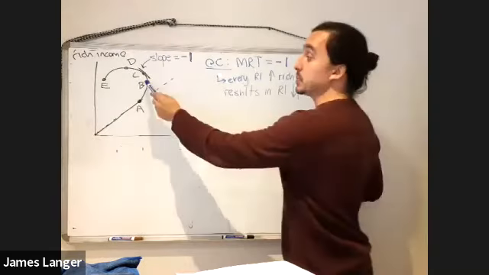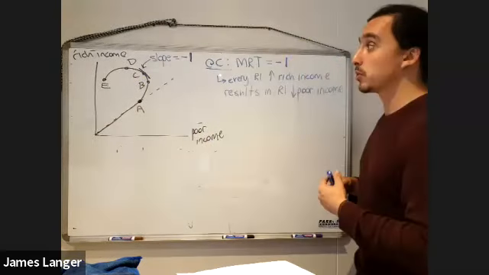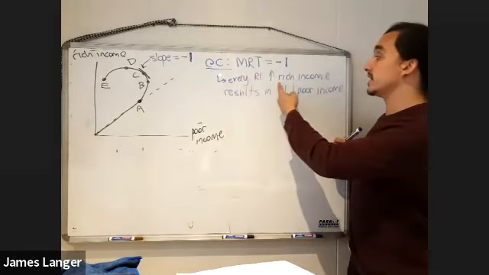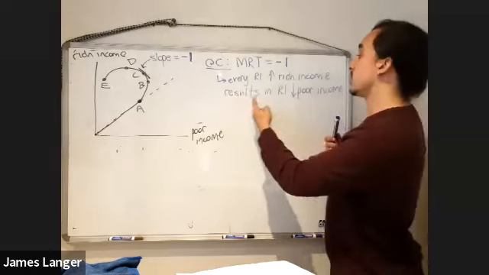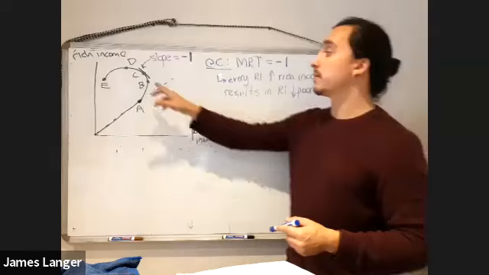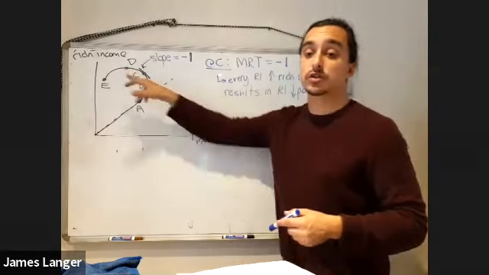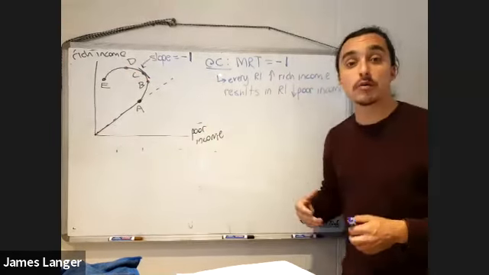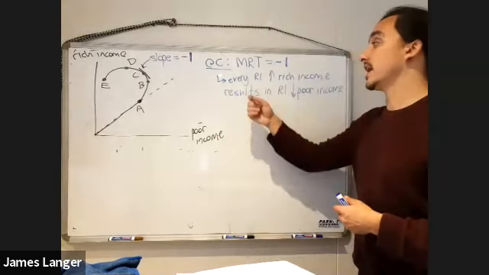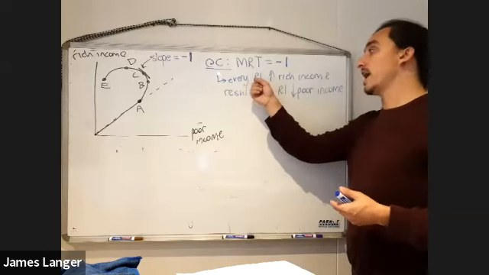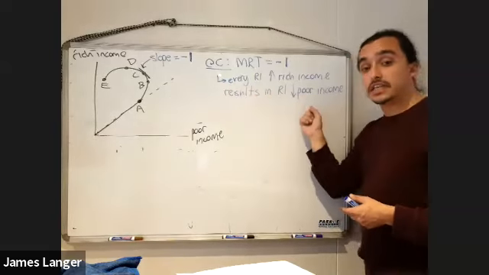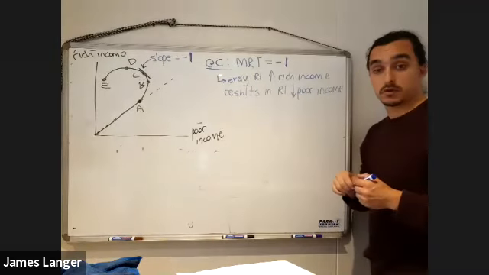Okay, so from B to C, if the slope was, let's say, -2, it would be for every 2 Rand increase in rich income, we would result in a 1 Rand decrease in poor income. Or if we went from C to D and we saw that along there we had a slope of -0.5, then you would just be saying, all right, for every half a Rand increase in rich income, we have a 1 Rand decrease in poor income.